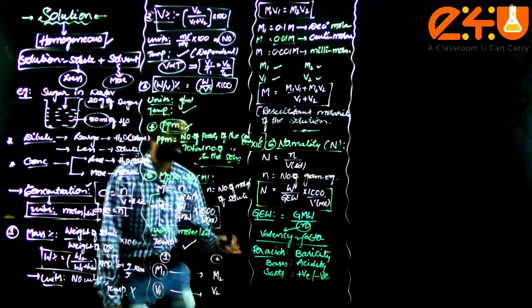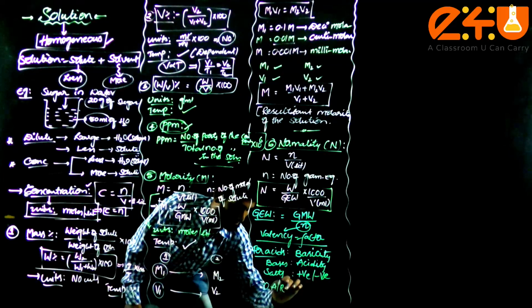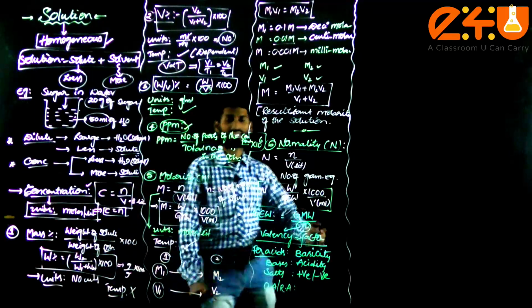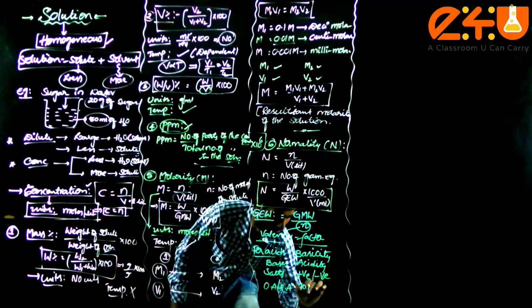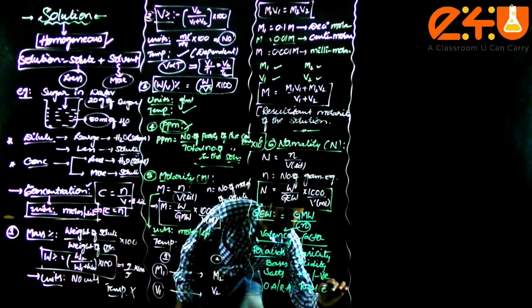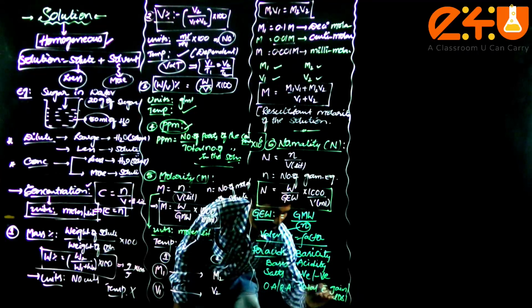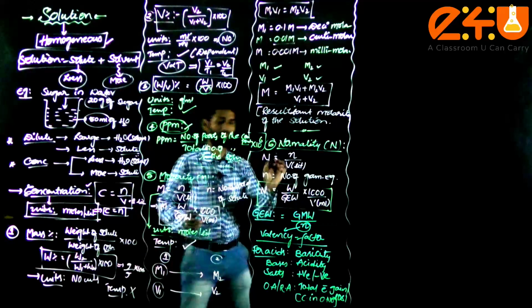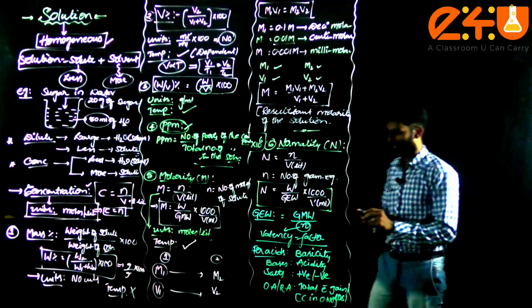In case of redox reaction, for an oxidizing agent or reducing agent, it is the total number of electrons gained or lost. Simply we can call it the change in oxidation number. This is the way we have to calculate gram equivalent weight.